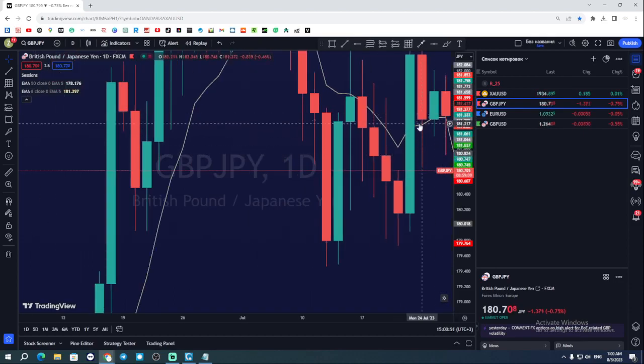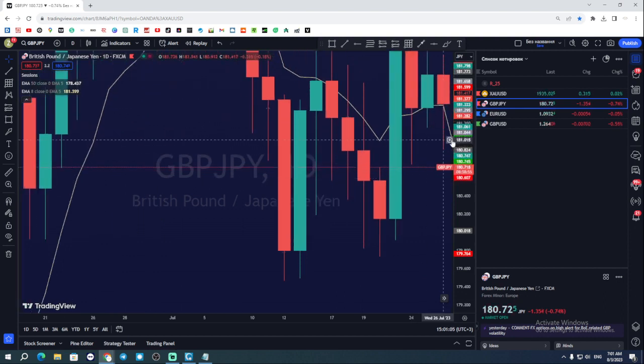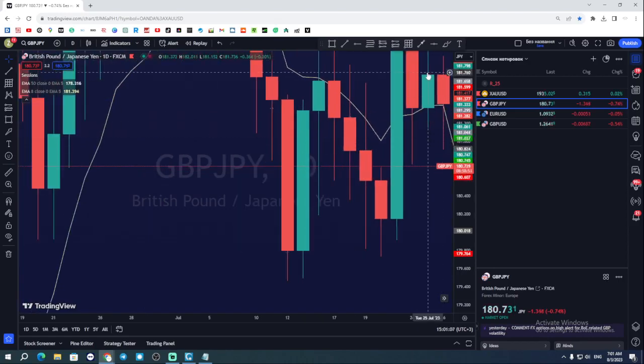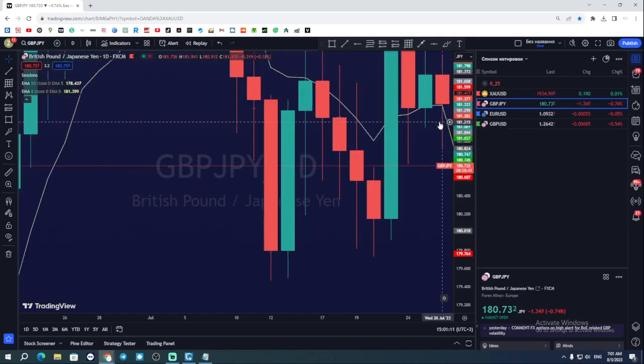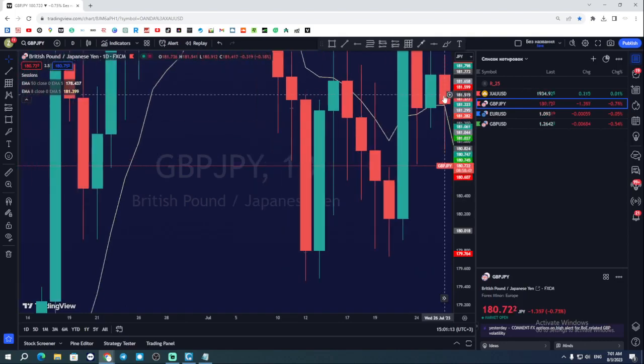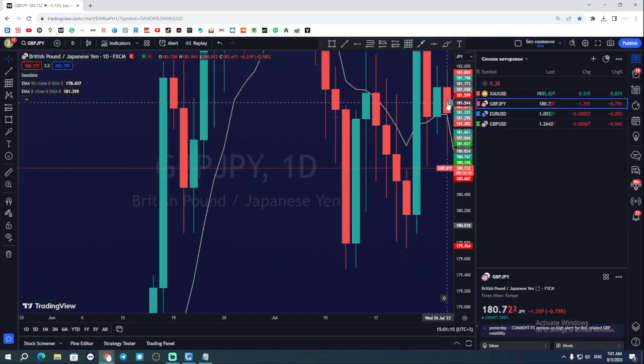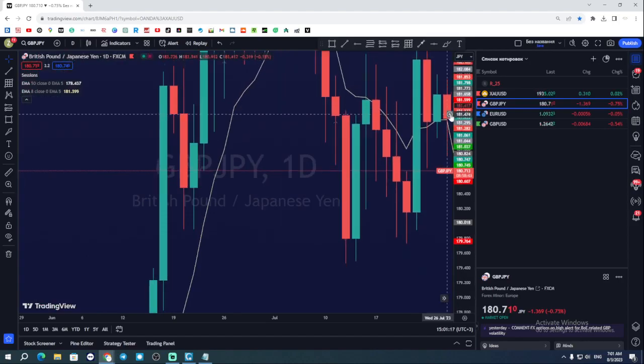But pay attention to this high. This high is lower than this high, and this low got broken. Even if it closed to the downside, it's already giving me an indication that most likely the price action is going to go to the downside, because the candle is red itself, so that means the bears are in control.